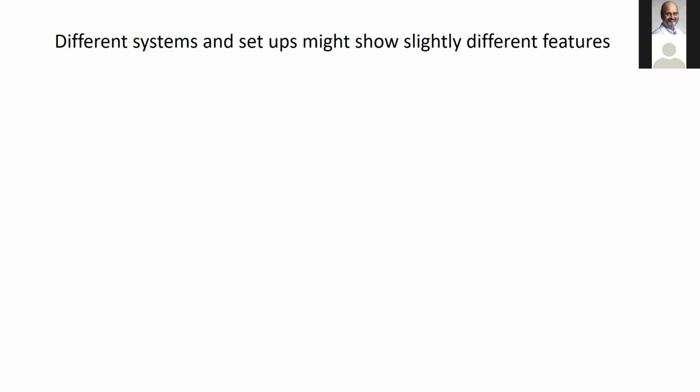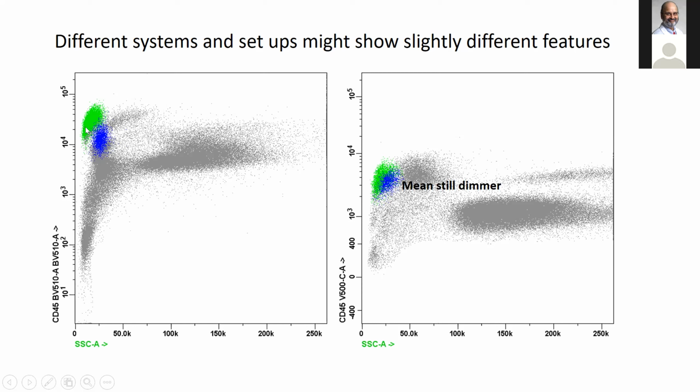Here's the first system that I showed you, and here's a second system, where you can see that the NK cells are in blue still and the T and B cells are in green, but there's not nearly as distinct a separation of the NK cells. On average you still get a slightly dimmer CD45 and slightly increased side scatter, but they don't come out quite as far. So you have to know where these cells sit in your own system.